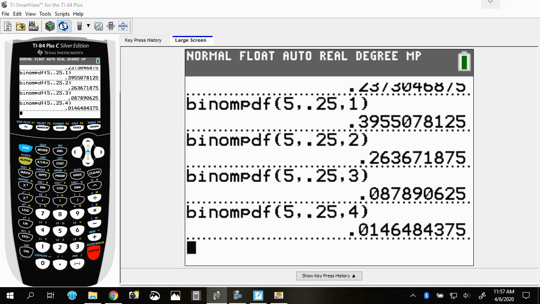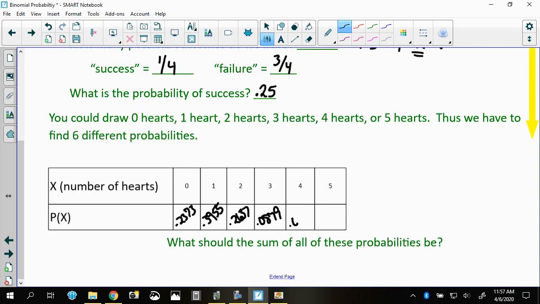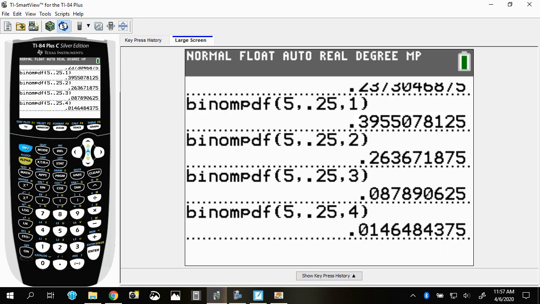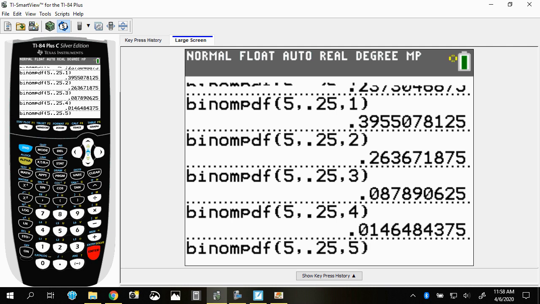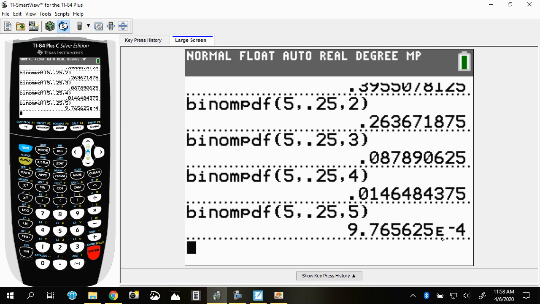Then 0.0146. And last one, 5 hearts. Now that's probably going to be the least likely because only 25% chance of success. Okay, so it's got an E, -4. So remember, one space is already filled with the 9, so we add 3 zeros in front of that 9.